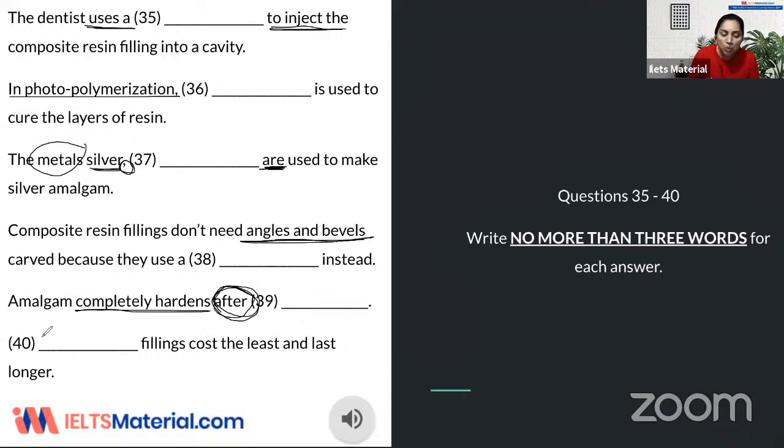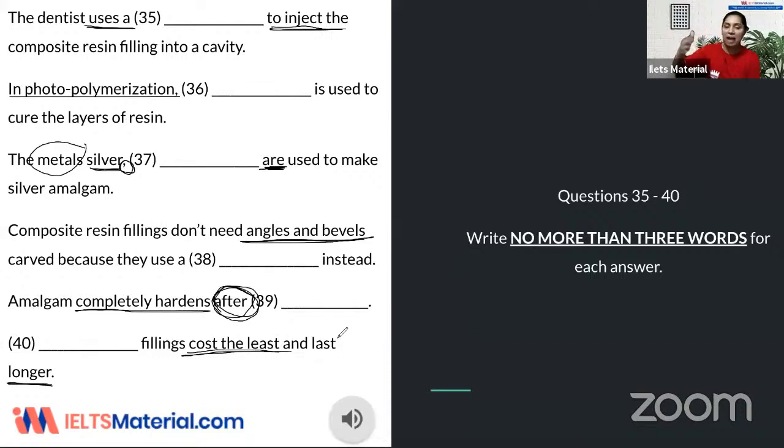Next is the last one: dash fillings cost the least and last longer. What type of fillings would cost least? That is, which are not that expensive and they would last longer. They can use different synonyms saying that it may cost the least, that is they can be inexpensive, or they may be cheap, they may be less expensive, and then they may last longer.